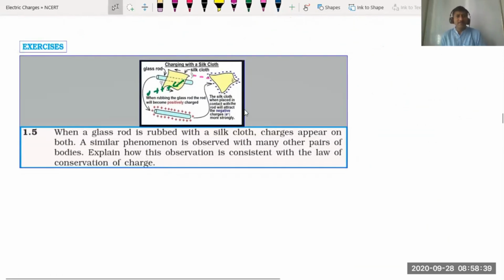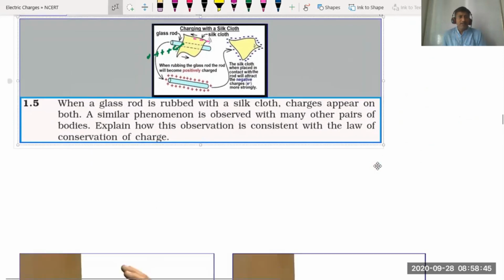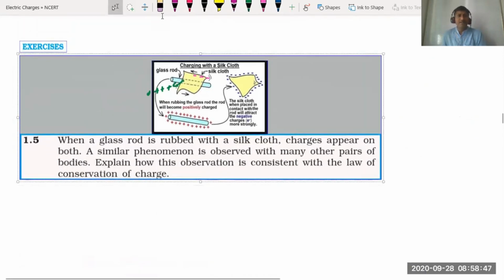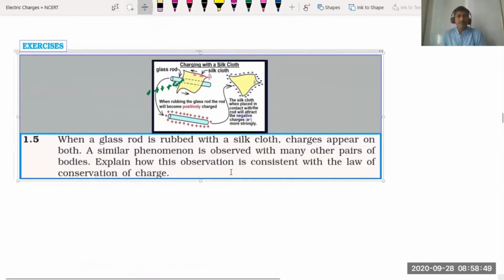And next, the fifth one is here, the NCERT fifth question. When a glass rod is rubbed with a silk cloth, see here, here is the glass rod and here is the silk cloth.